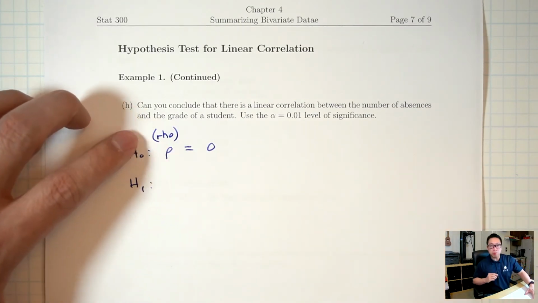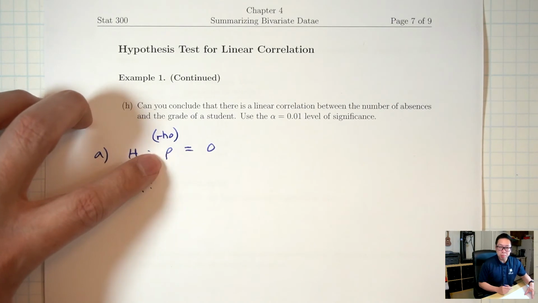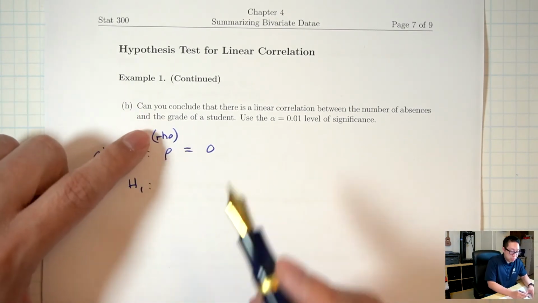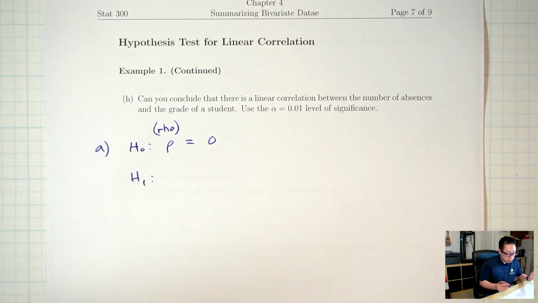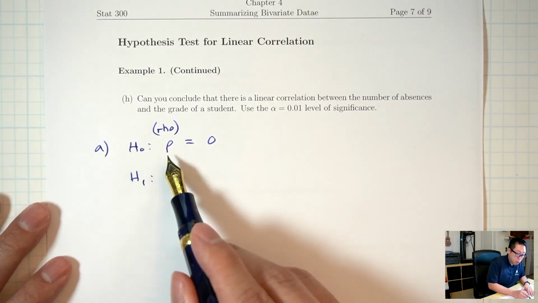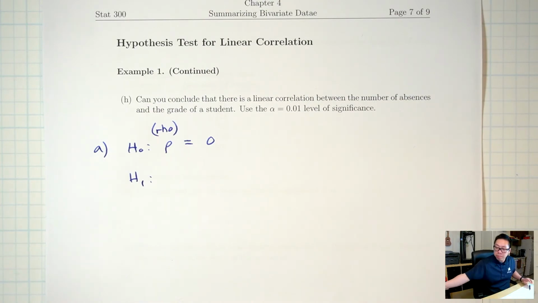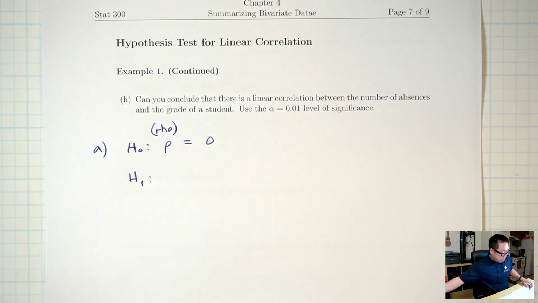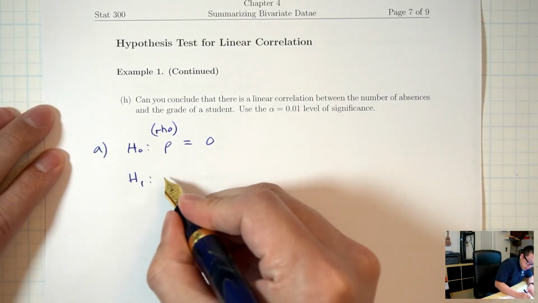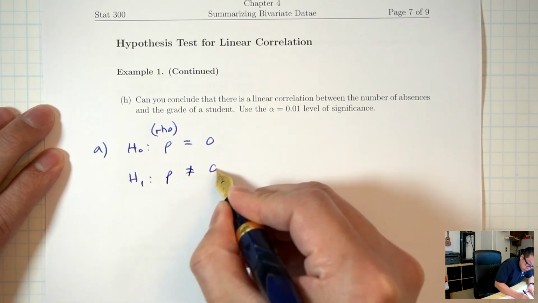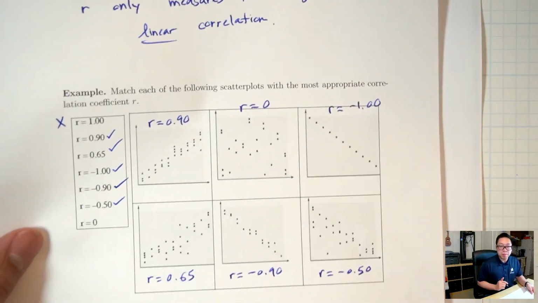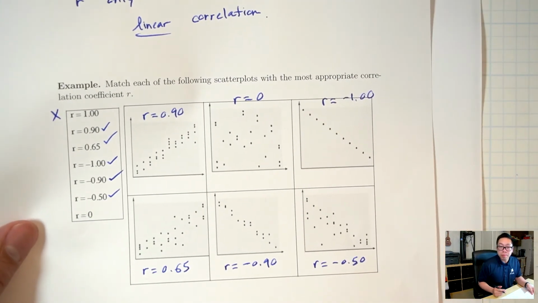On your lab, I'm going to use rho instead of the symbol because the symbol looks like a P. So it's saying rho equals 0. Rho is the Greek letter for R, so you can think of this as R. H0 is saying that R is 0. In other words, there's no correlation. H1 is saying that rho is not equal to 0. In other words, it's one of these other pictures, which is saying that there is some correlation.